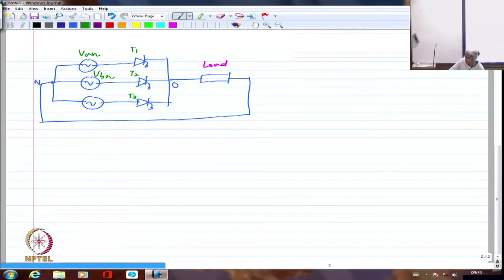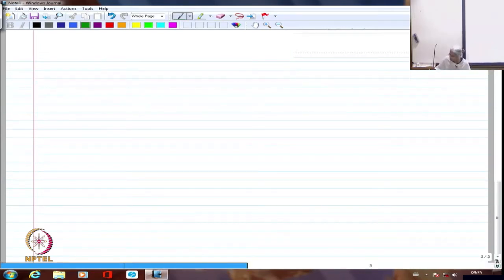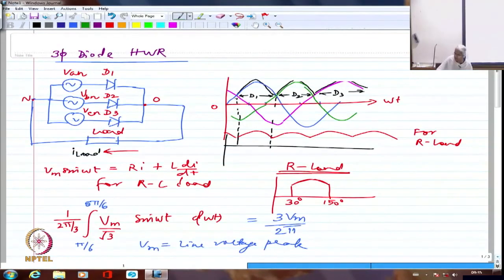So I should realize that had it been a diode, we had shown the conduction would start exactly at this point, which is actually at 30 degrees. It is not at zero crossing of VAN, it is rather at 30 degree point of VAN. So I should always calculate the delay angle with reference to where the diode would have conducted.